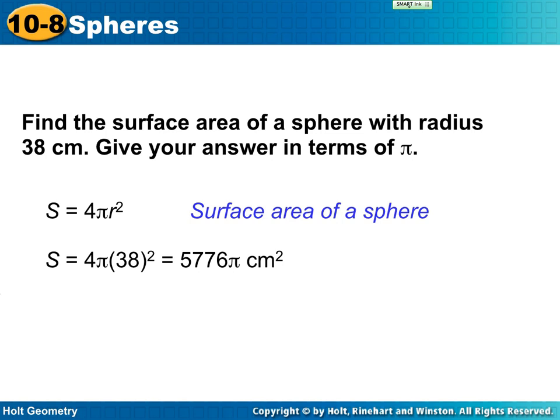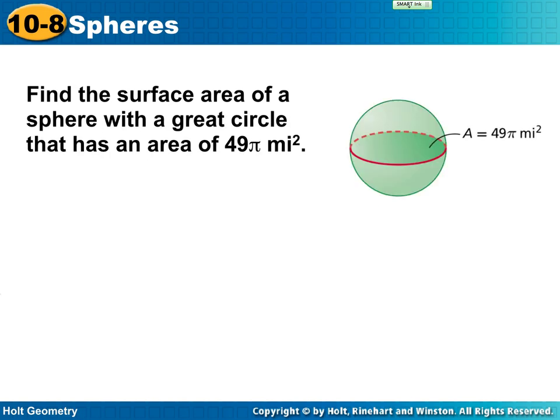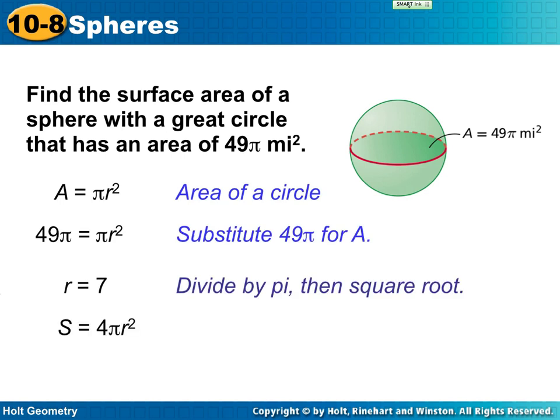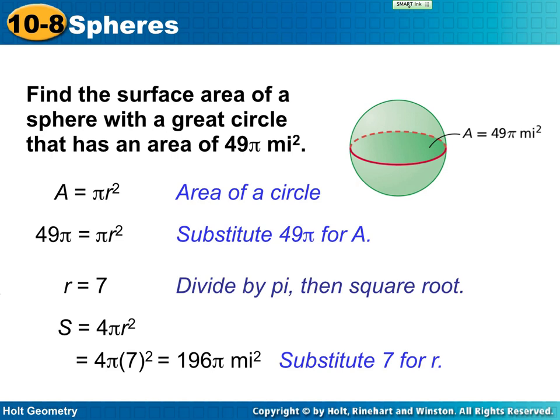So 2 ways to think about it. If you found the radius or didn't, it comes up 196 times pi.